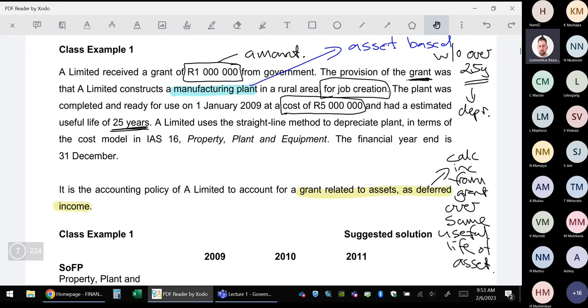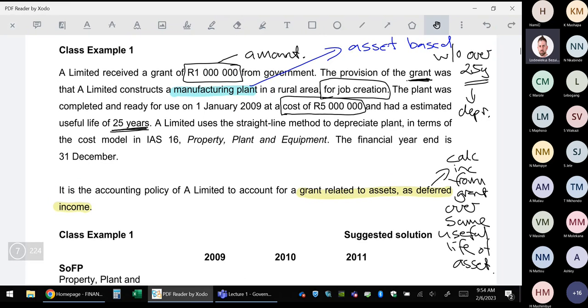Okay, just to go back one step, remember, when it is an asset-based grant, we can either show the grant as deferred income, or we can offset the grant against the cost of the asset. But in this example, we show it as deferred income.